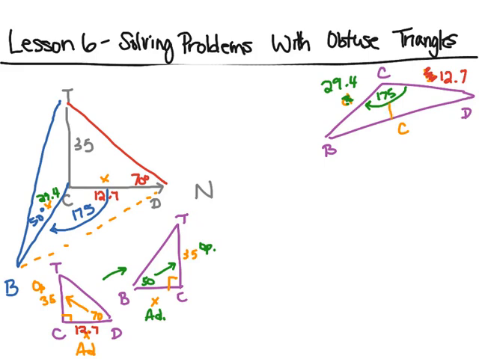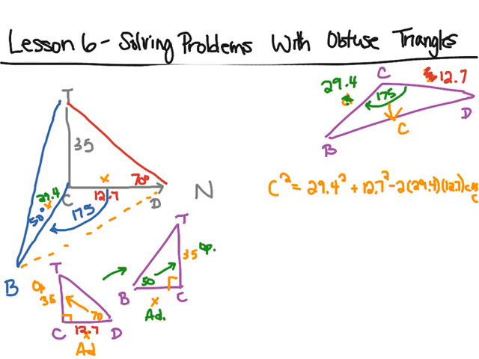So we're looking for the side opposite of angle C, so C squared is equal to 29.4 squared plus 12.7 squared minus 2 times 29.4 times 12.7 cos of C. I never have enough room. Now we're going to solve. So we're going to type this all into our calculator.